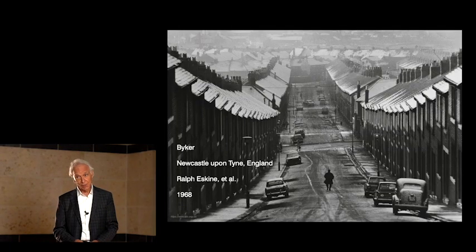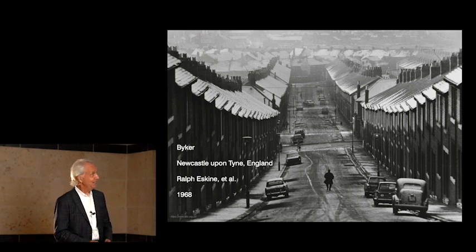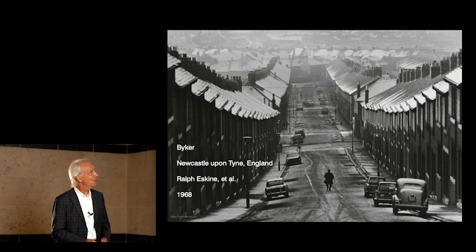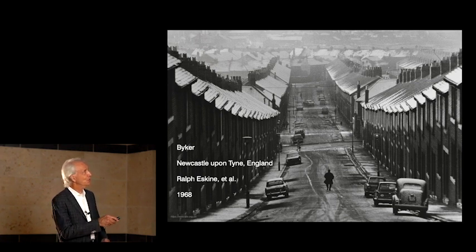Right in the center of Newcastle, it was an 18th century community. It was worker housing. Newcastle is a coal city, kind of a dirty industrial northern British city. And it just had rows and rows and rows of identical little houses for workers. It was public housing, so it was owned by the government.